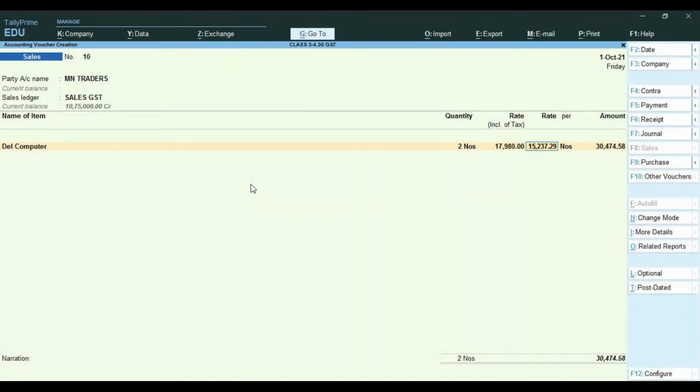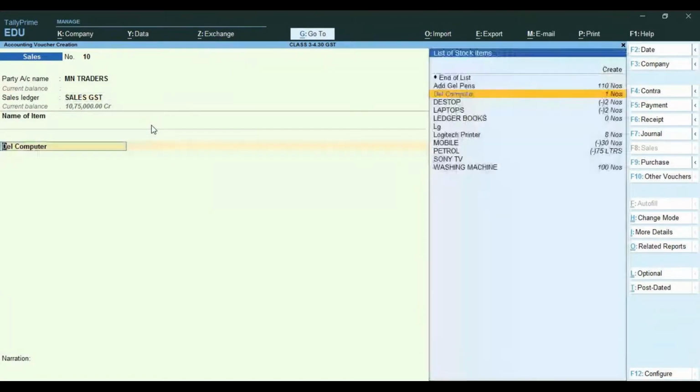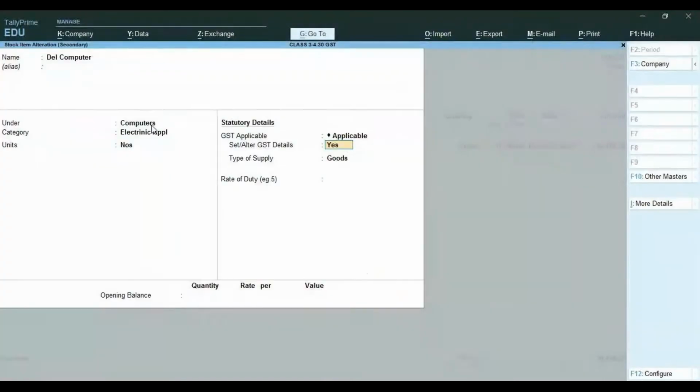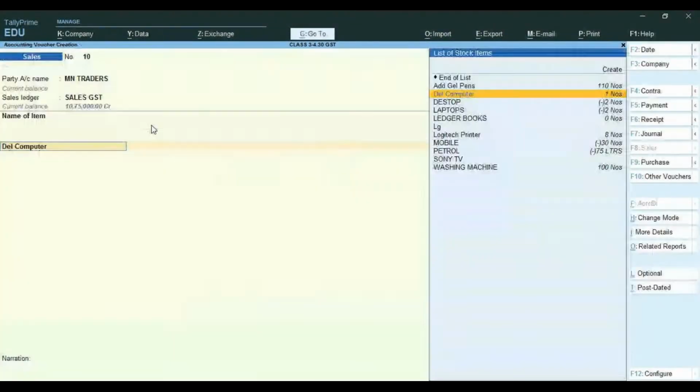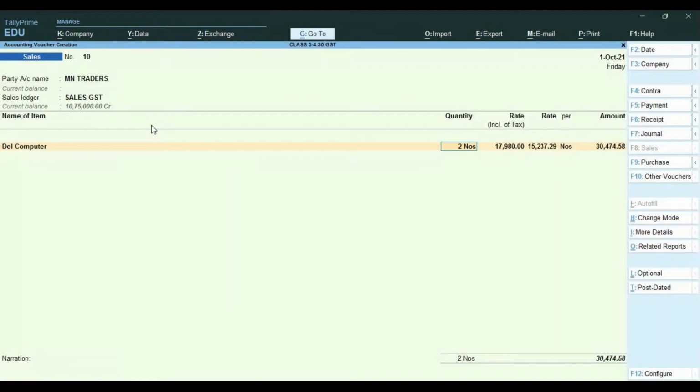Automatically, the rate is 15,237, but as tax is included, here it is 18%, correct? See for Dell, Control Enter and see it is 18% here. So automatically 18% is calculated on the amount you give with the tax.